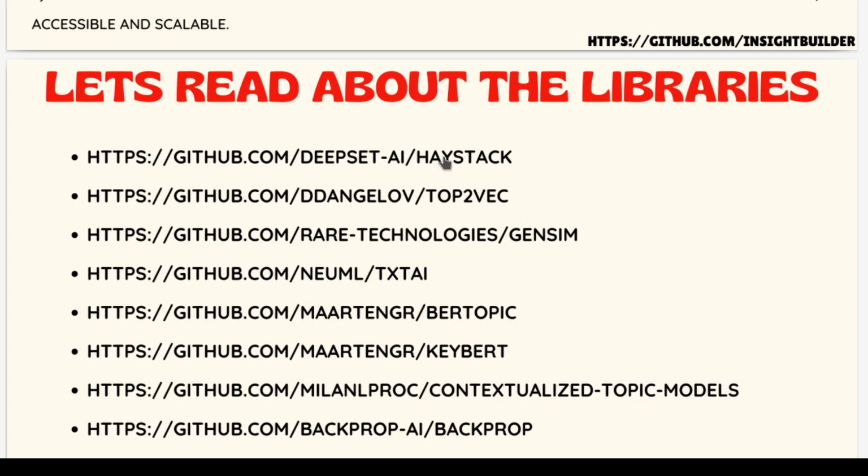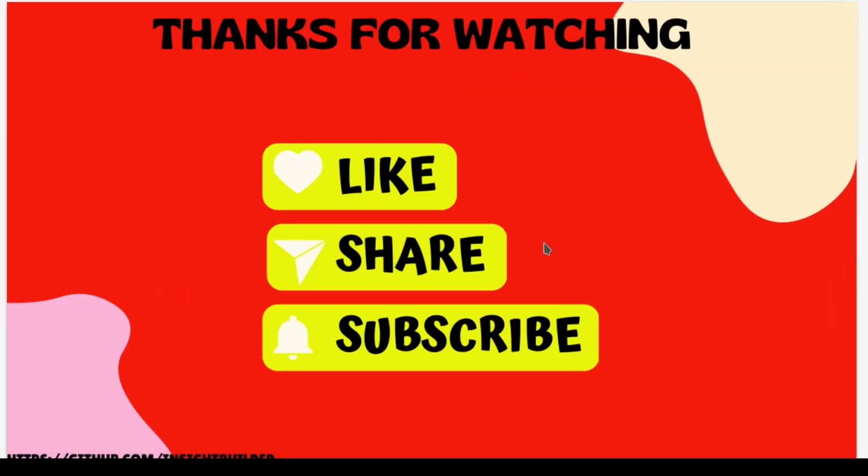In fact, Haystack, txtai, backprop, and also Gensim all provide links that connect directly with a Colab notebook. If you click on those links, it will take you to the Colab environment where you can directly start working with them. These are the benefits, and I hope you make use of them to the fullest extent and learn as much as you can.